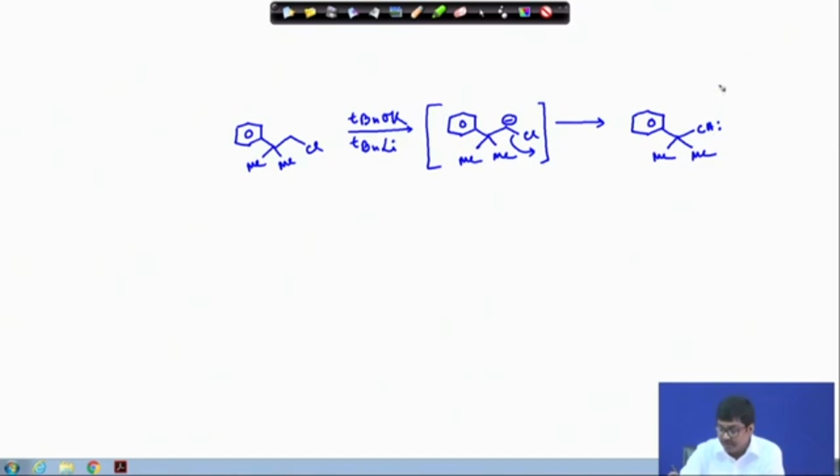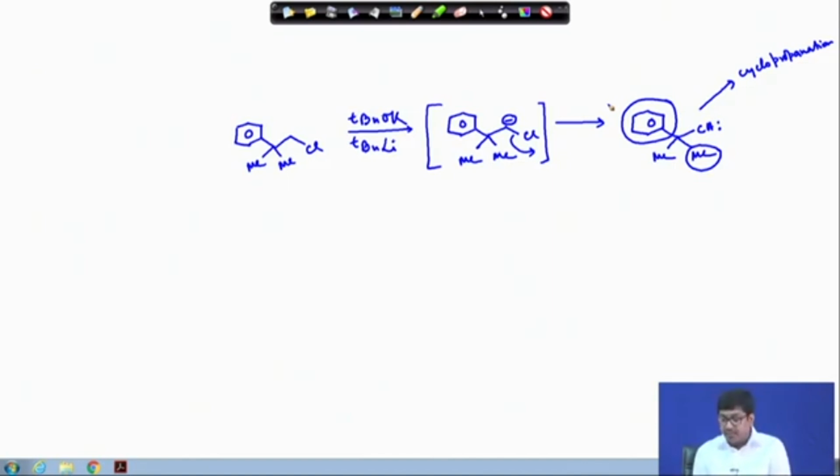Now, if we see this carbene, there are several things possible. As per example, there is the CH insertion that is possible to give some kind of cyclopropanation. Or there are two possibilities for rearrangement. One is that this methyl can migrate, or this phenyl group can migrate, to give the rearranged product.